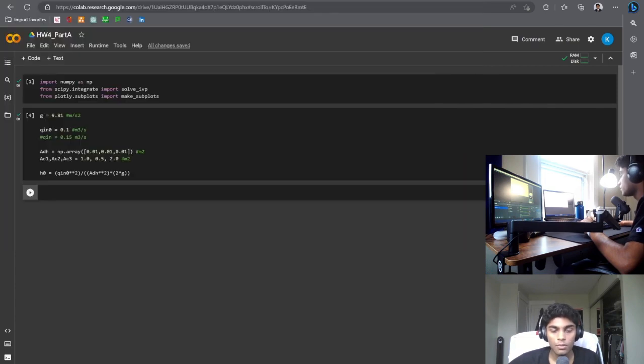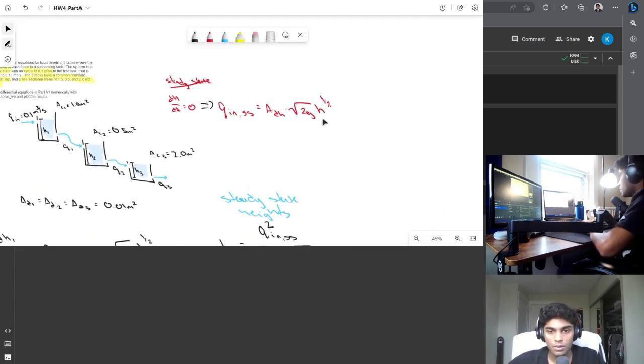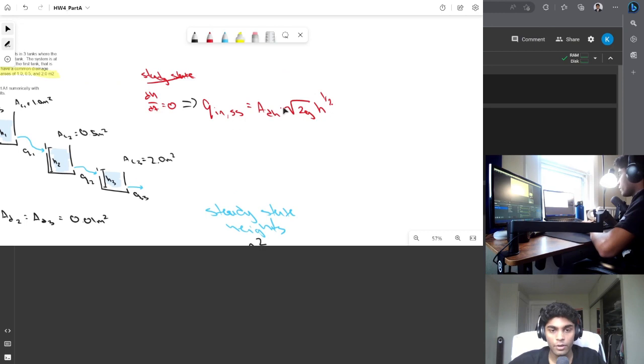So let's define our function, dHdt, and of course we're going to use our variables t and h. And we're going to calculate using Q1, Q2, Q3. And these are going to be equal to this equation that we have here for each height.